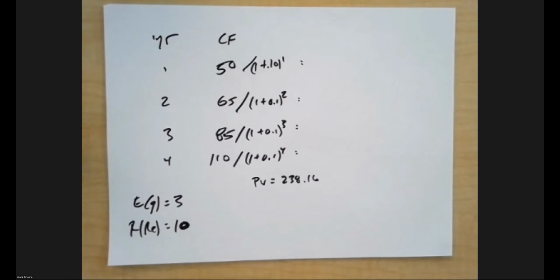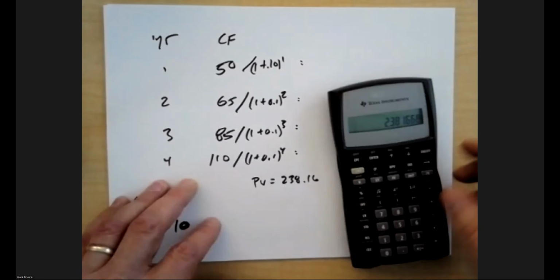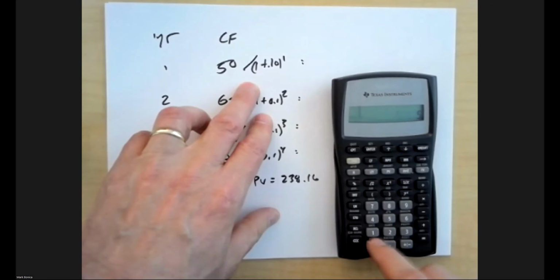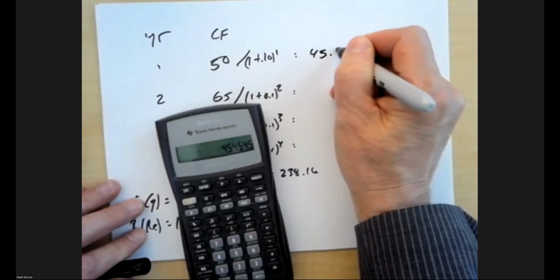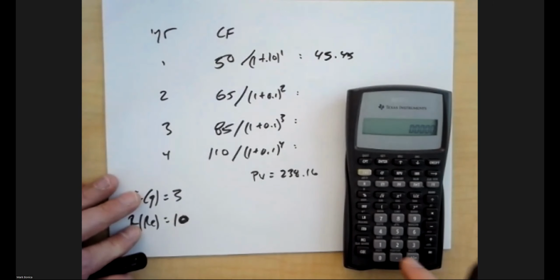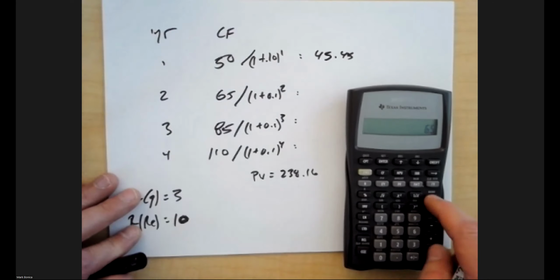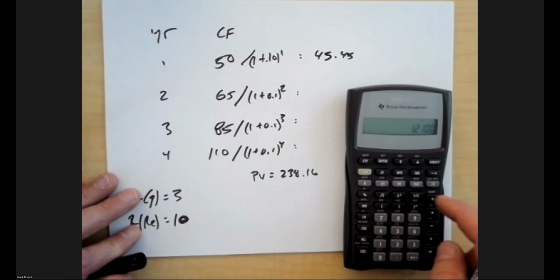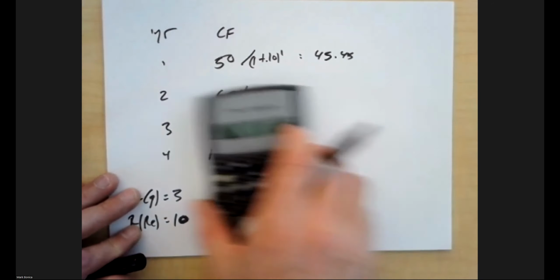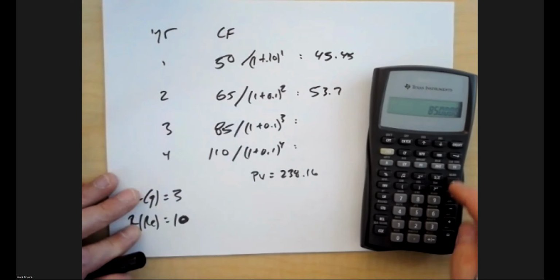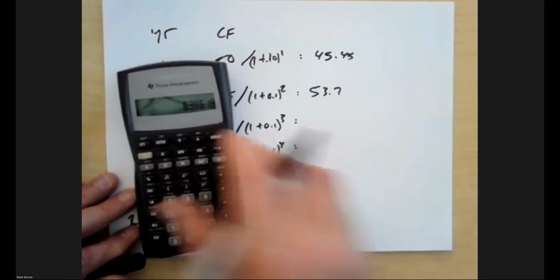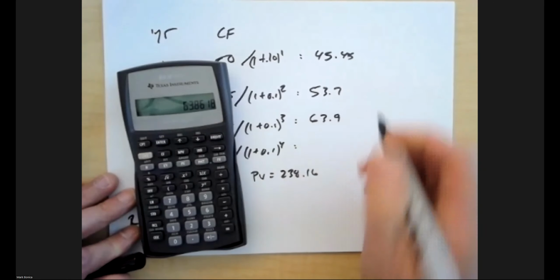We can also do it this way too. So we'll do it both ways. So 50 divided by 1.1 is 45.45. I'm going to wind up with some rounding error here. 65 divided by 1.1 squared is 53.7. 85 divided by 1.1 cubed is 63.9.